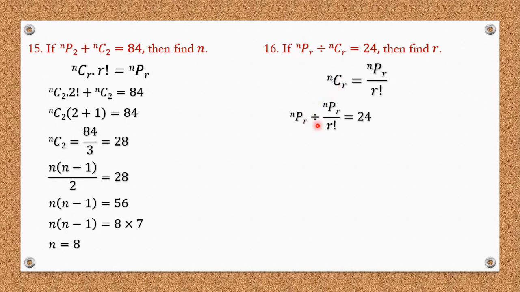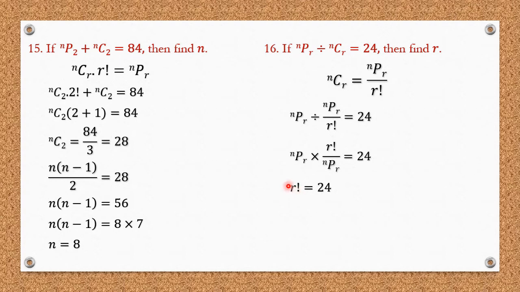Because this is a division sign here, I am going to make them inverse. That way this division sign will be converted into multiplication. So NPR will go into division, R factorial will go into multiplication, and this division will become multiplication. This thing you have already studied in your secondary standards. So NPR into R factorial upon NPR. So this NPR will be cancelled and R factorial will be 24.